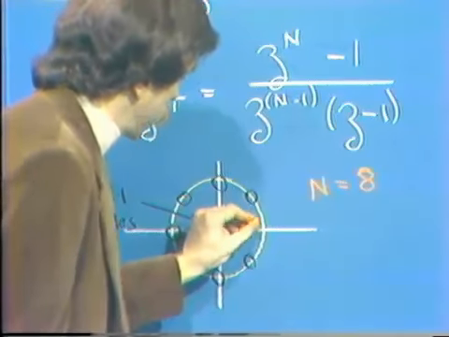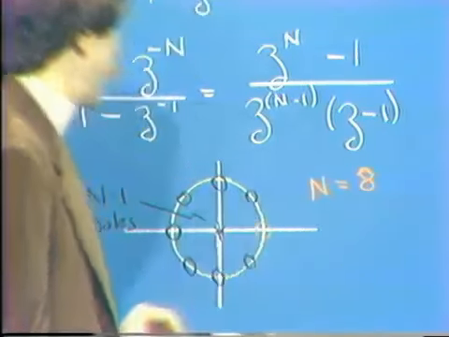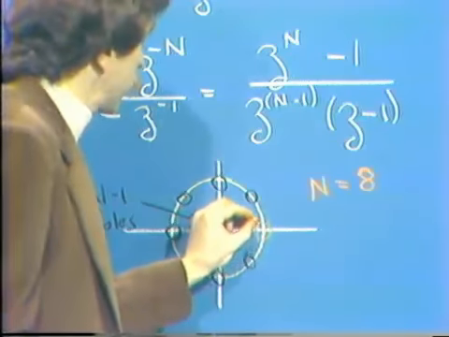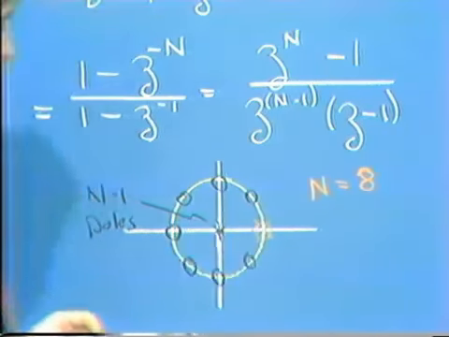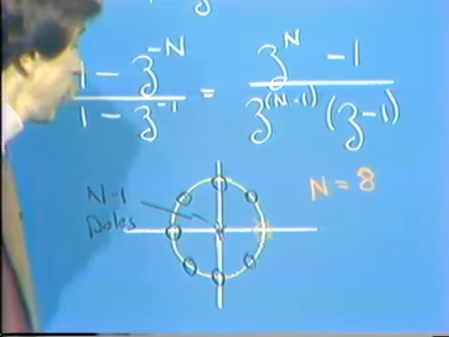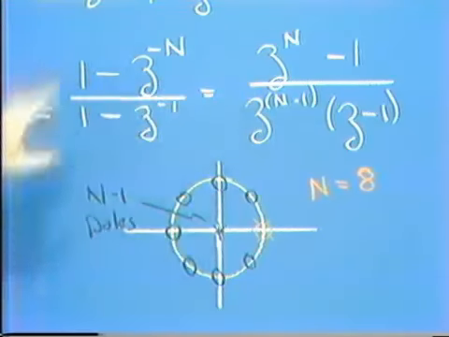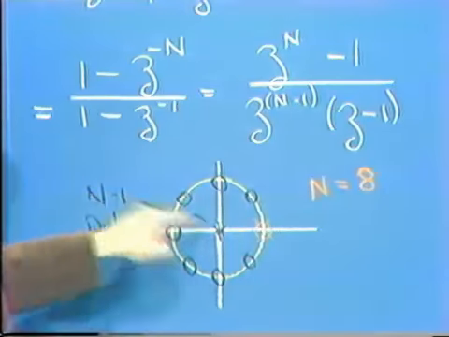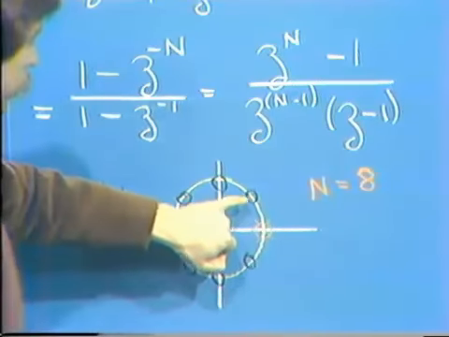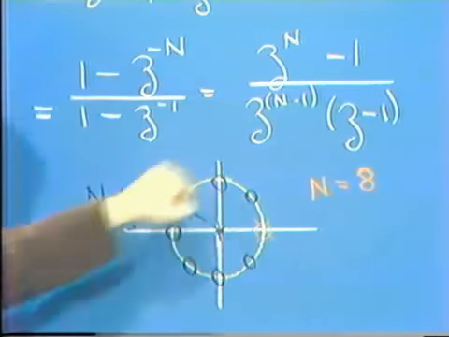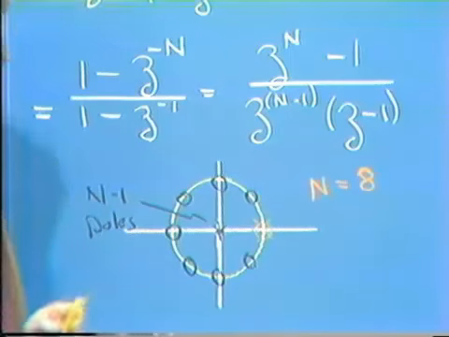Let me just indicate that and the fact that it got canceled out by a pole. So in fact, that one isn't there. So the pole zero pattern for the boxcar sequence then is N minus 1 poles at the origin plus zeros equally spaced in angle, but with the one at z equals 1 missing.